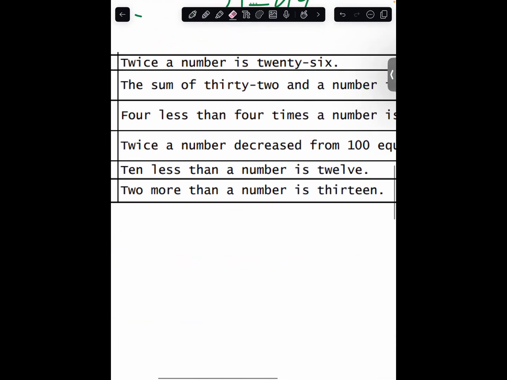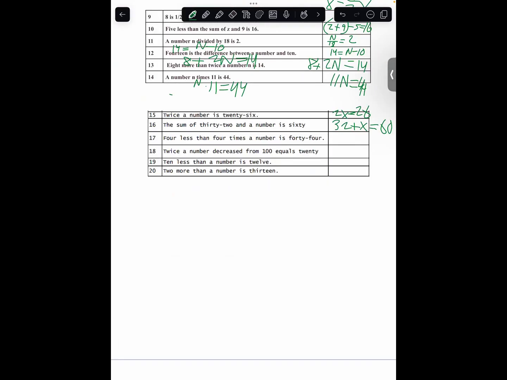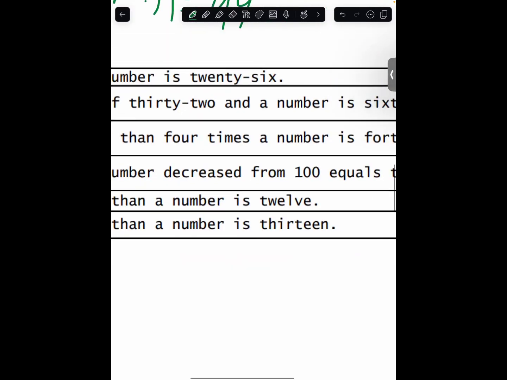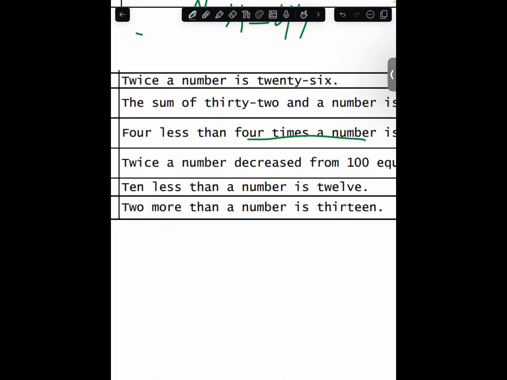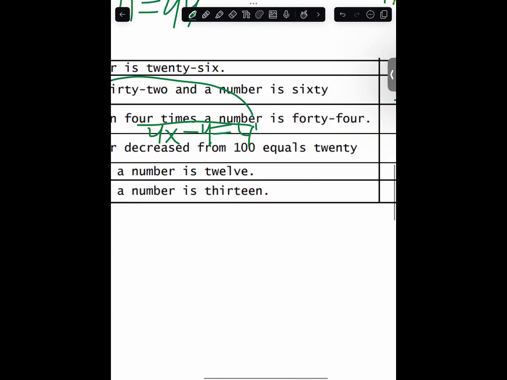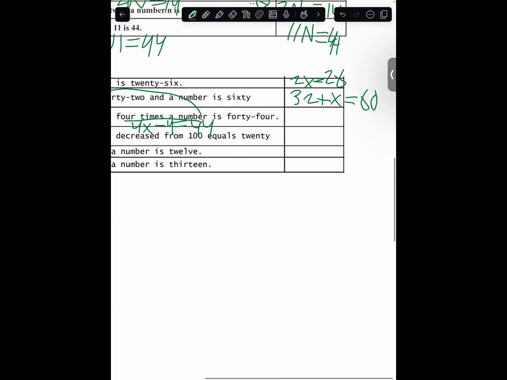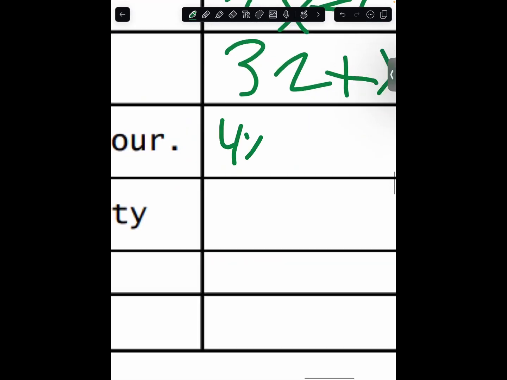All right. 4 less than 4 times the number is 44. So we got a bunch of 4s here. So 4 times the number, that's 4x. Then 4 less than that needs to come around. So minus 4 equals 44. So 4x minus 4 equals 44.